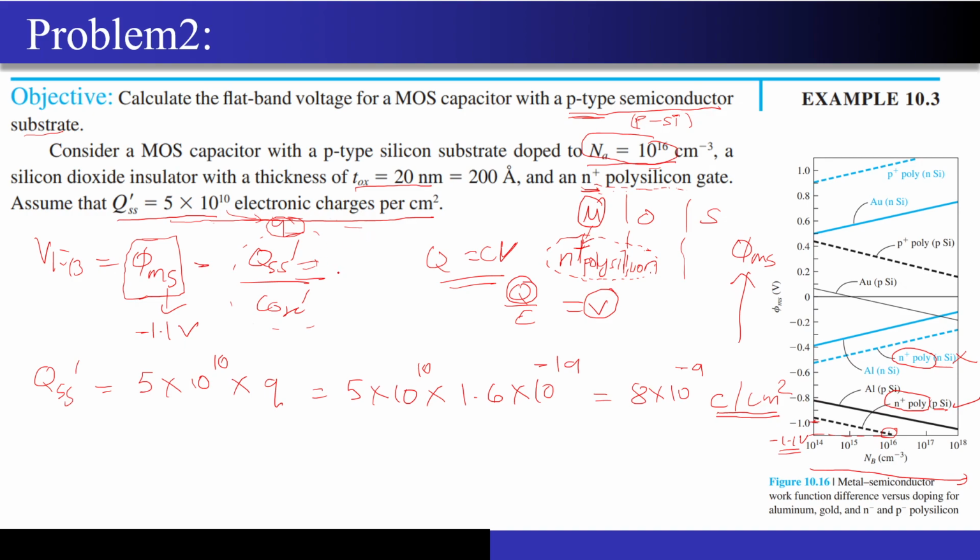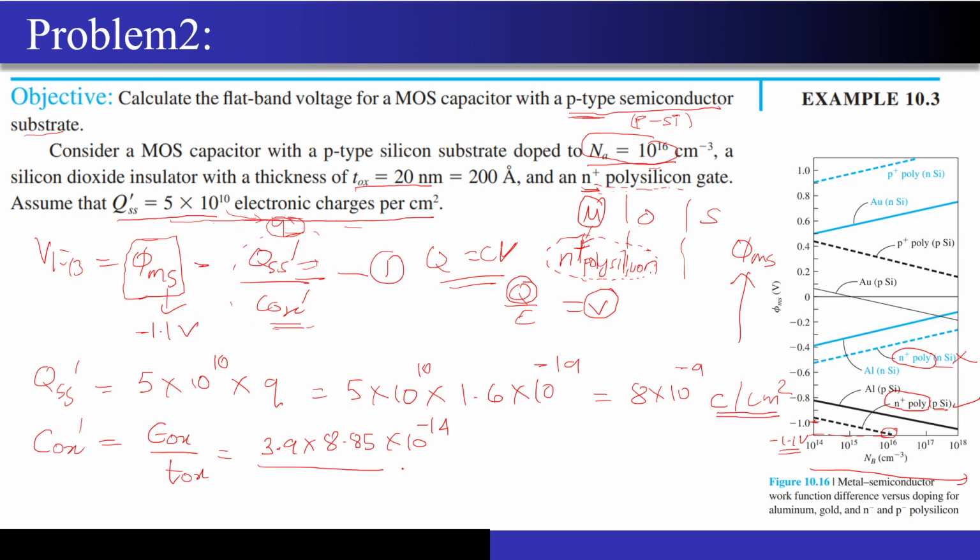Just look at this equation number 1, right? We don't know the value of Cox dash yet. Cox dash is the capacitance per unit area, and it is nothing but epsilon ox by Tox. We have seen this formula 100 times. Epsilon of the oxide is 3.9, and I have to multiply it with the permittivity of free space, 8.85 into 10 to the power minus 14.